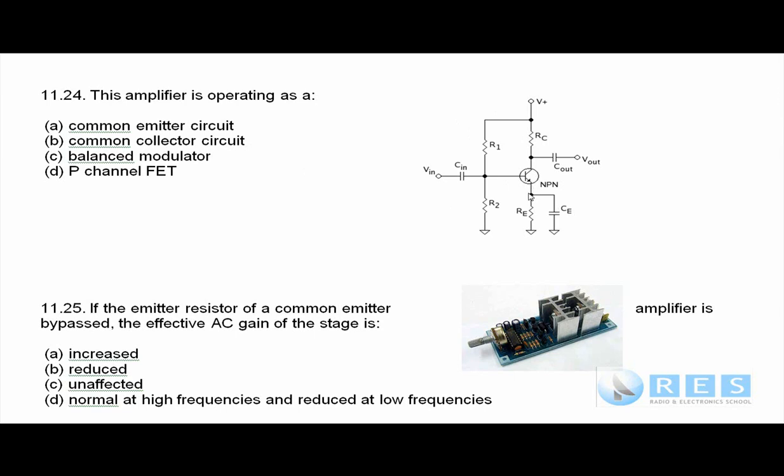And this is the middle leg, and the input and output are the base and the collector, and the emitter is common. These are all earth, and so the emitter is common to input and output, so it is, very easy, just a repeat of previous questions, a common emitter circuit. That's the only one you need to know. Remember that.